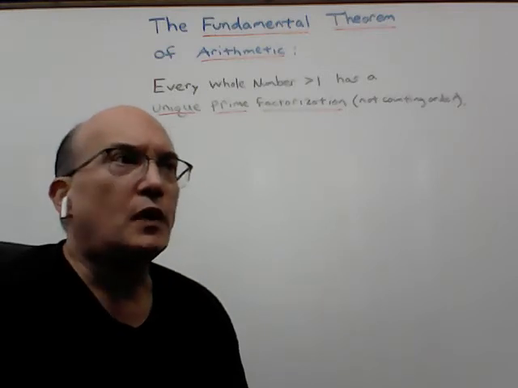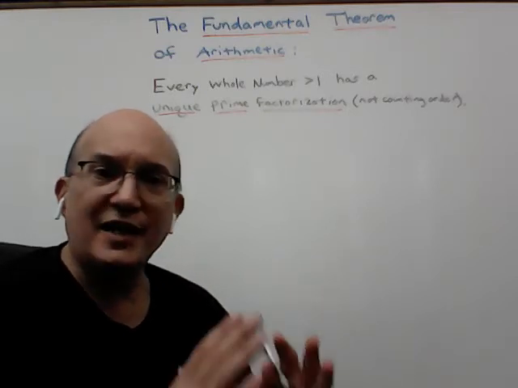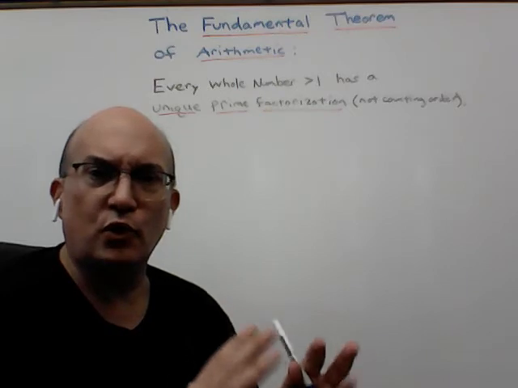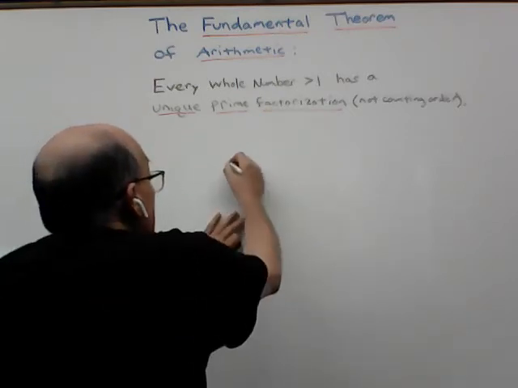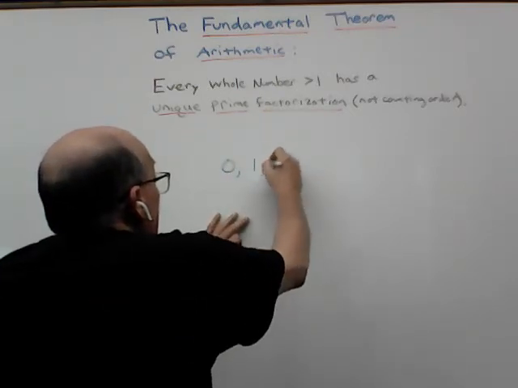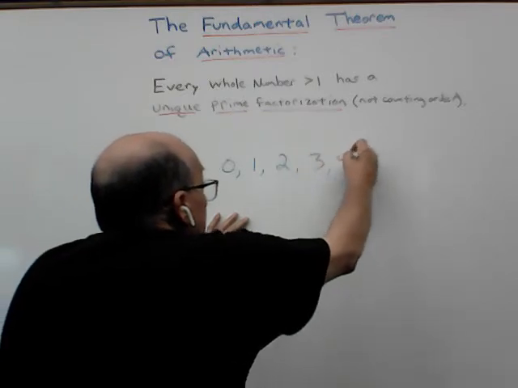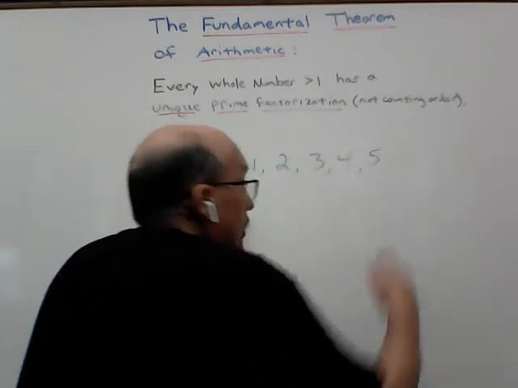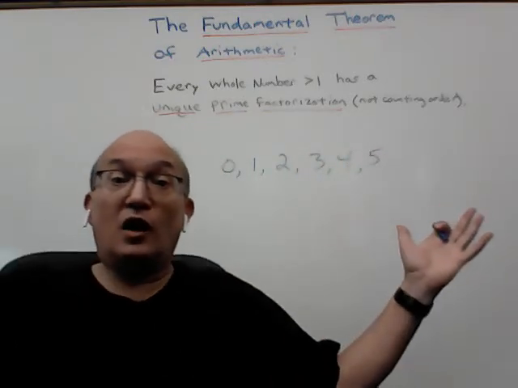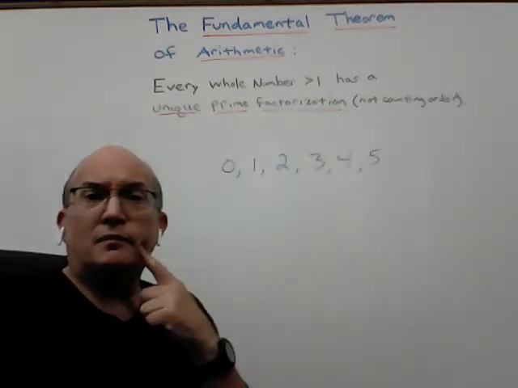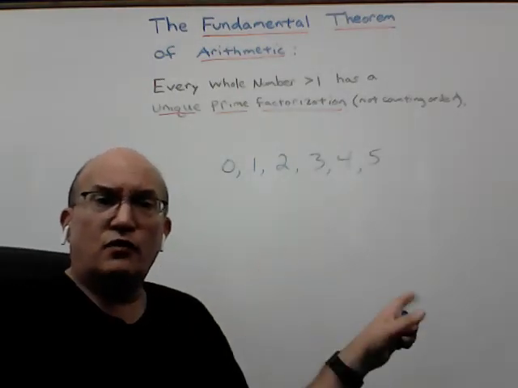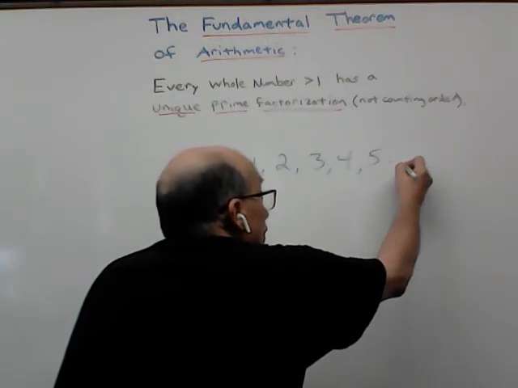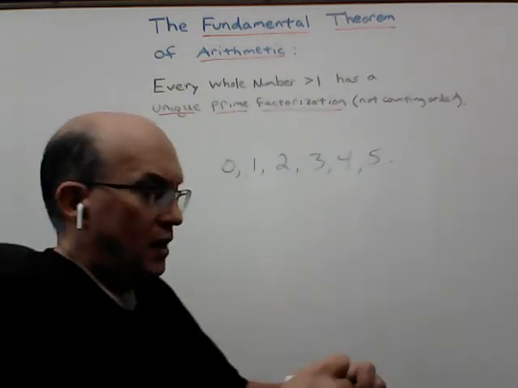Now, let's talk about dividing the whole numbers into 3 groups. Let me remind you that the whole numbers are the numbers that we all learn about when we're very young. 0, 1, 2, 3, 4, 5, and so on, going on forever. These are the whole numbers.